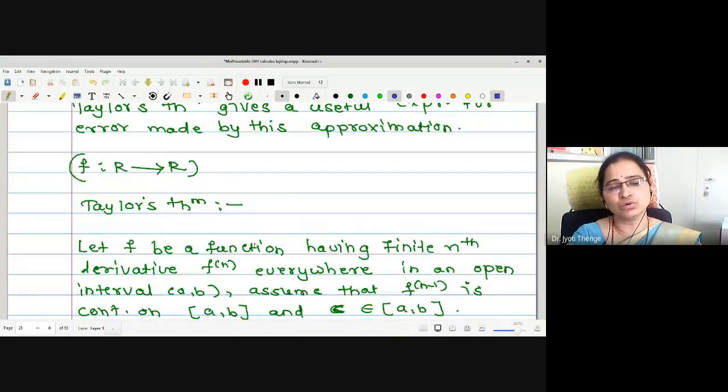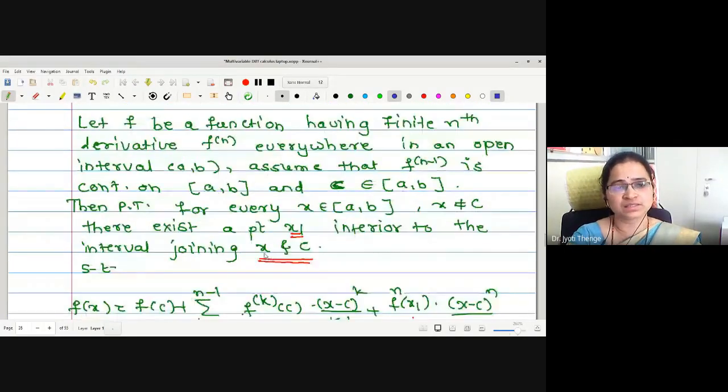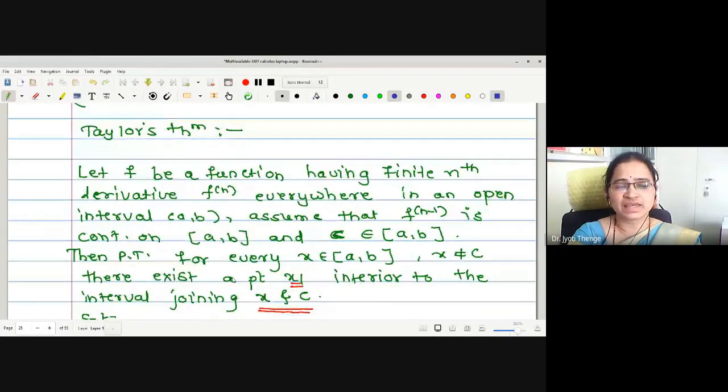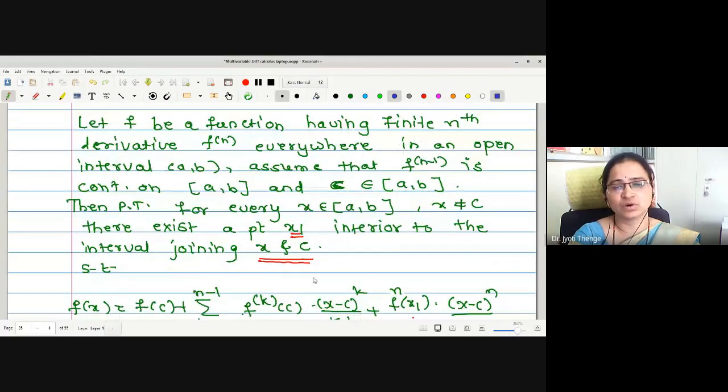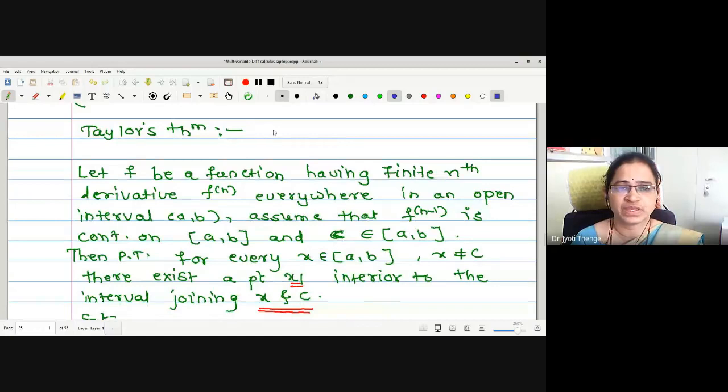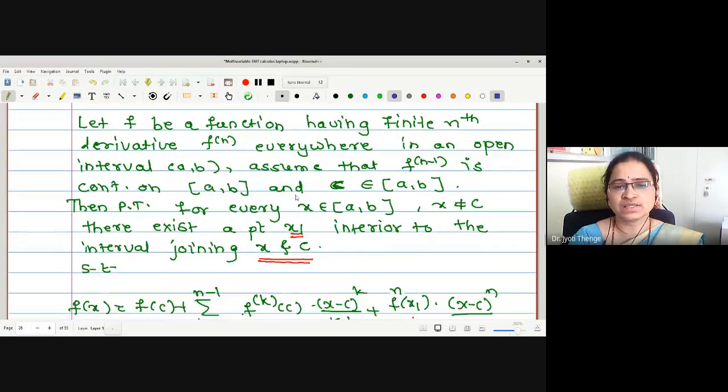In order to convert this approximate value to an accurate one, Taylor gave a theorem with the existence of a point x1. We have discussed it in detail. If f is a function having a finite nth derivative, this is for a function of R to R type. The function has a finite nth derivative in an open interval, assuming the (n minus 1)th derivative is continuous.